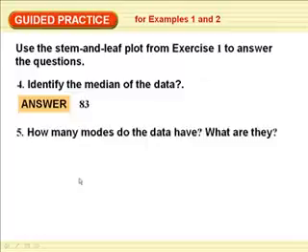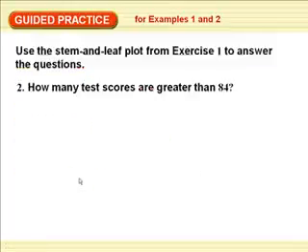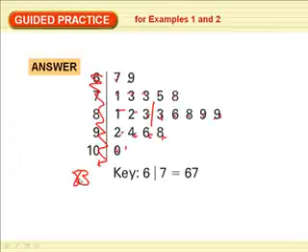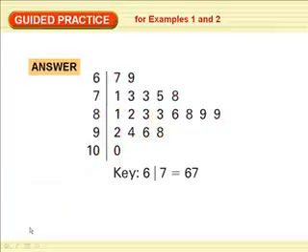All right, how many modes does the data have? So let's go back to this with the modes. Let me get rid of the writing on here if I can. Okay, the mode, what happens the most? I see two 83s right here. I see two 73s. I see two 89s.